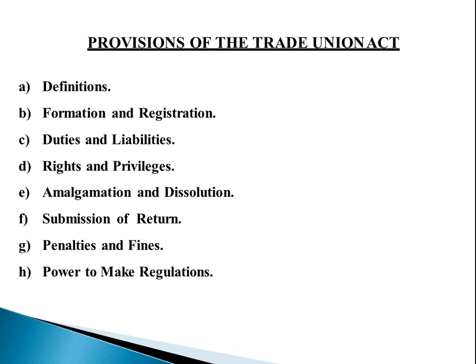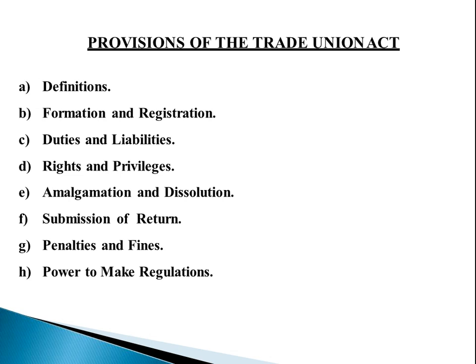Then it comes under duties and liabilities of the trade union members to be obliged in the industry. Then what are the rights and privileges they are going to get when they are going with the trade union.